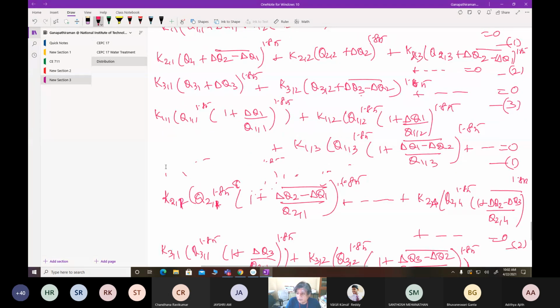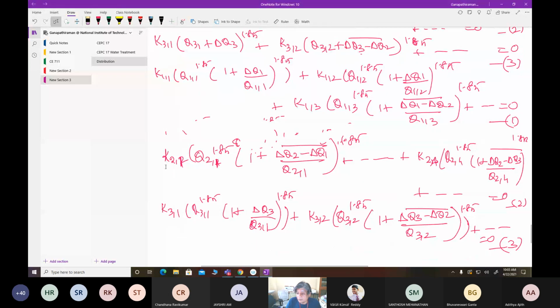Similarly, the binomial term: 1 plus x to the power n equals 1 plus nx plus higher terms. So I limit it to 2 terms alone. Then expand the first term. What is the first term? K11.